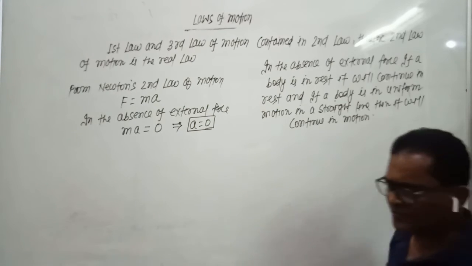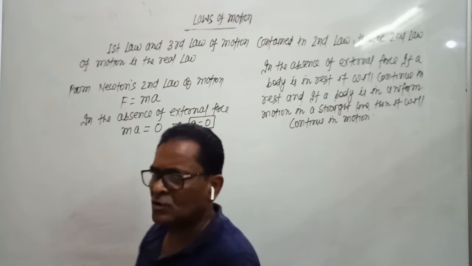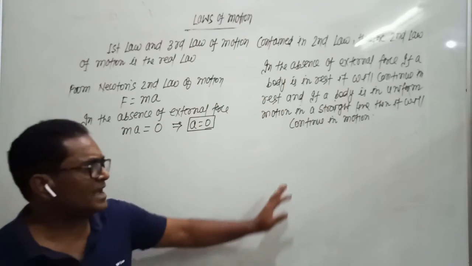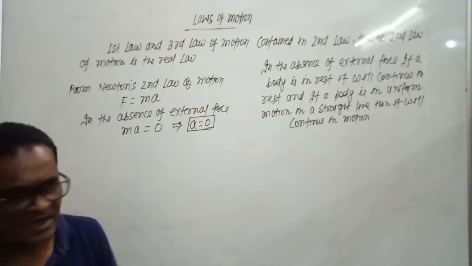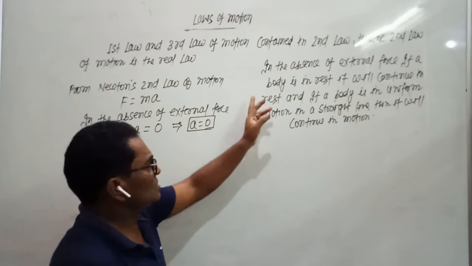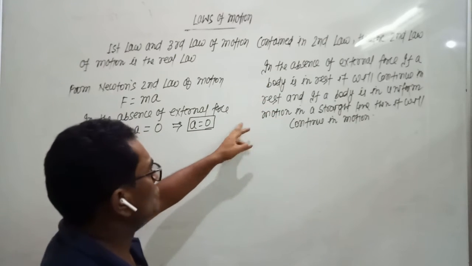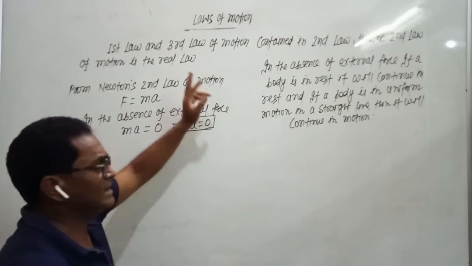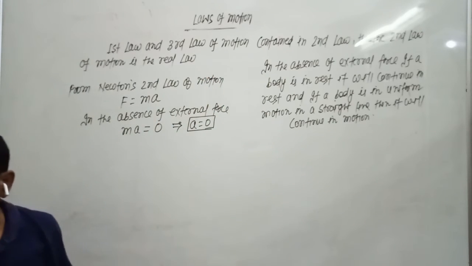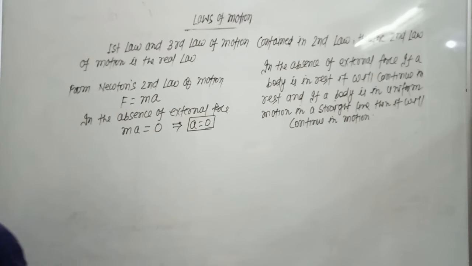If a body is in uniform motion and there is no external force, then acceleration is 0, so it will remain in uniform motion in a straight line. So we conclude that the first law of motion is contained in the second law.